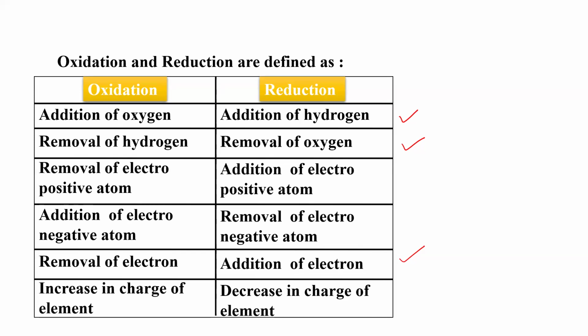So just let me know, oxidation is gain of oxygen or addition of oxygen. It can also be defined in terms of hydrogen as loss of hydrogen, or we can say removal of electropositive element, or we can say it is addition of electronegative element. Loss of electron is oxidation, increase in charge of the element is oxidation.